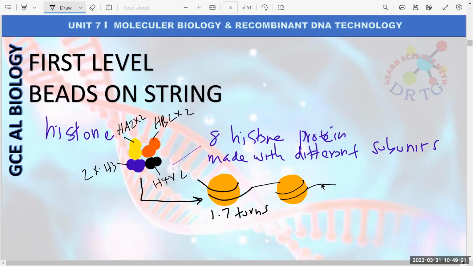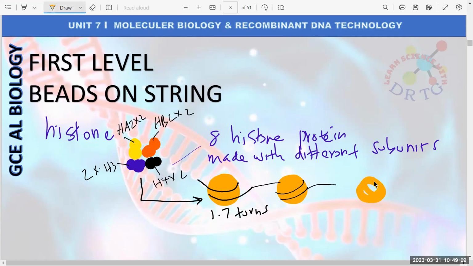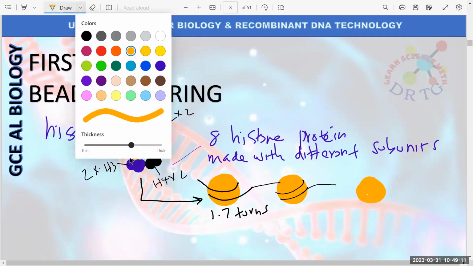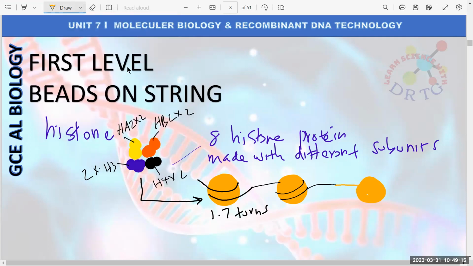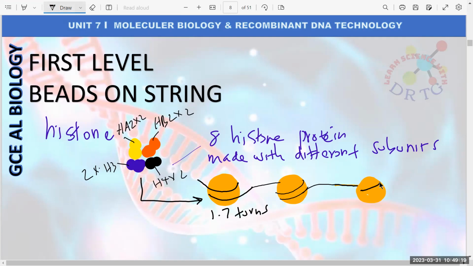So I can draw repeatedly like this many times to show the first structure. Again another one maybe, and DNA is going again around it, close to 2 turns, 1.7 turns, like this.